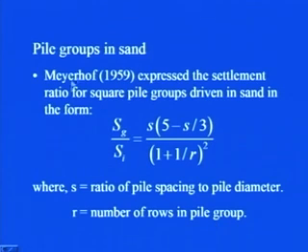Since it is a square pile group, in both directions the number of piles is the same. That is why this is valid for square pile groups.